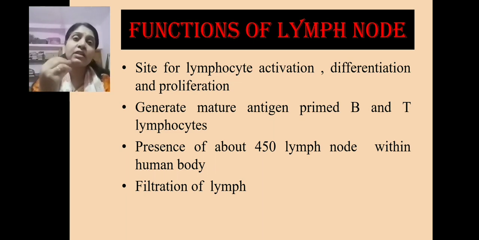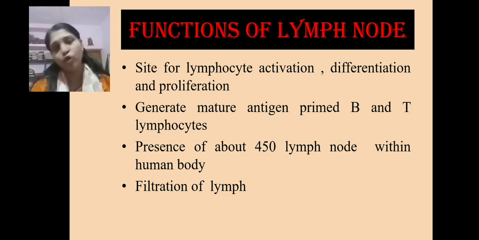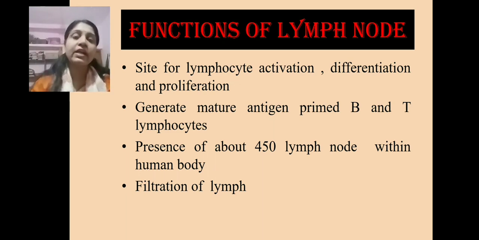Again, the lymph node acts as a site for lymphocyte activation, differentiation and proliferation, because no doubt these immune cells, either T lymphocytic cells or B lymphocytic cells, primarily develop within the bone marrow and the thymus, which are the primary lymphoid organs, but the actual functional site is within the secondary lymphoid organs.